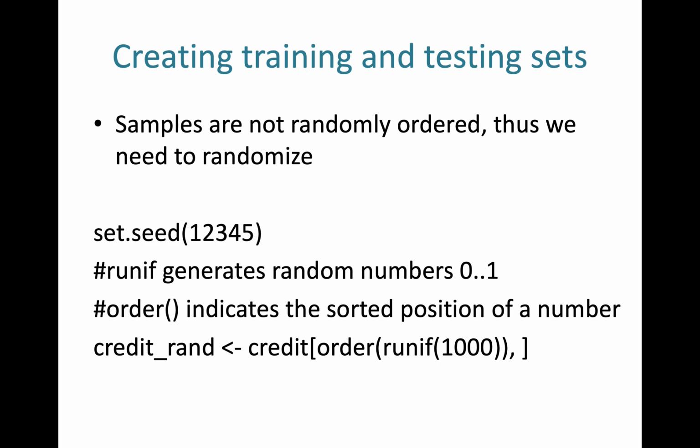For example, if one of the numbers generated is 0.9999, that's probably going to be rank 1. And so you're saying take the first line from the credit data set with all of the columns. That's exactly what this command is doing, okay? We are just reordering the credit data set with a different order. The samples are all the same, but what we have in each row is going to change.